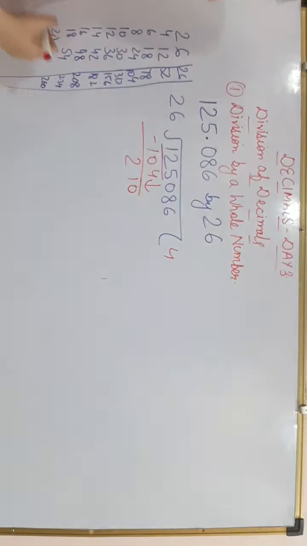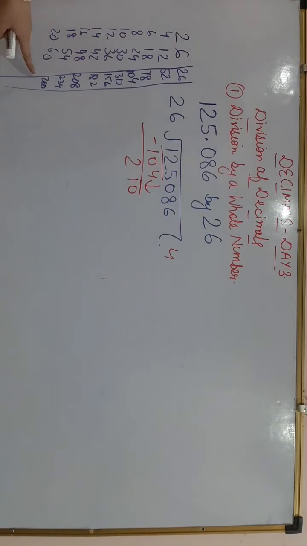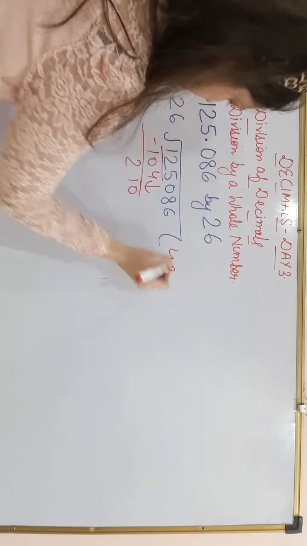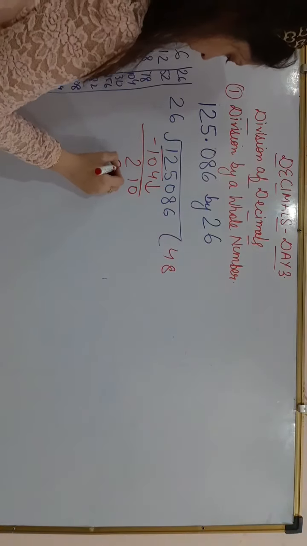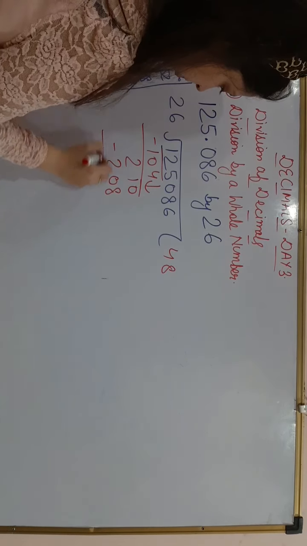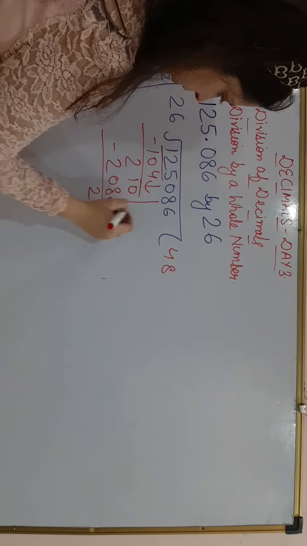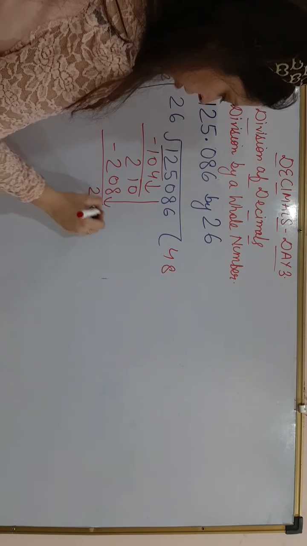Now drop down 0. So there is no 210 in this. So the number less than 210 is 208. So 26 times 8 is 208. Now subtract it. It will give you remainder 2. Now drop down 8.